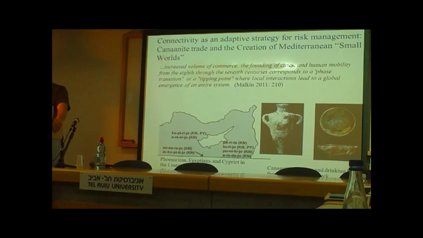And you can see some examples of these Mediterranean small worlds, for example, in the archives of Knossos and the archives of Pylos, where you can see people coming from various parts of this Eastern Mediterranean. You have Cypriots and Alasians in Knossos as well as in Pylos. You have both Misaraios, the Egyptians, and Egyptios, the Egyptians also, for Knossos.